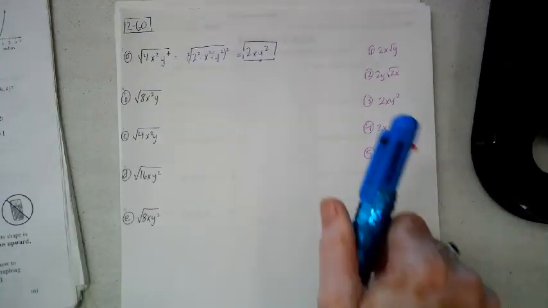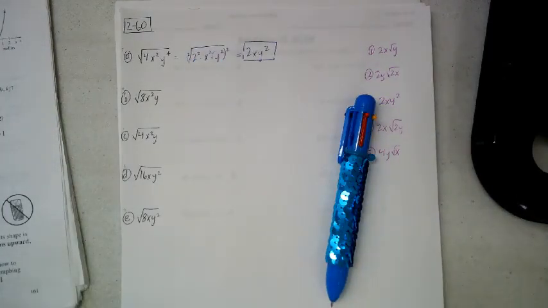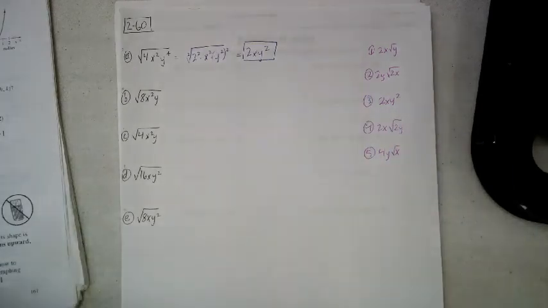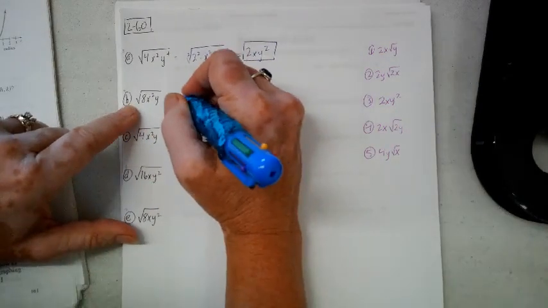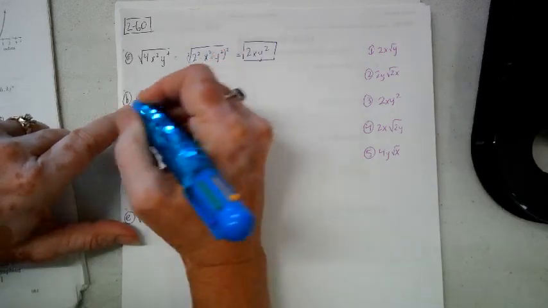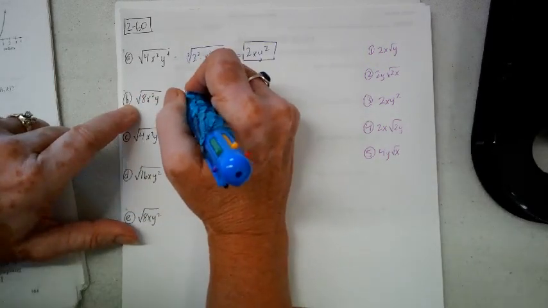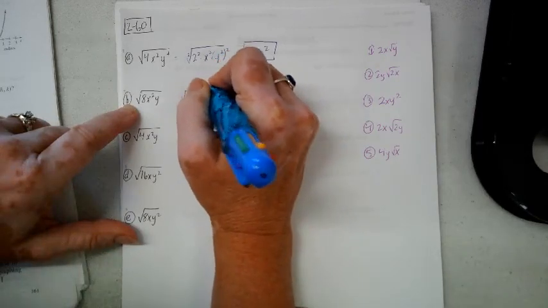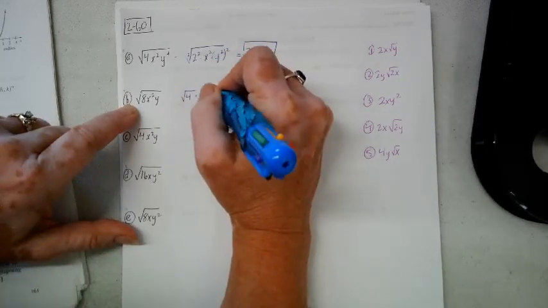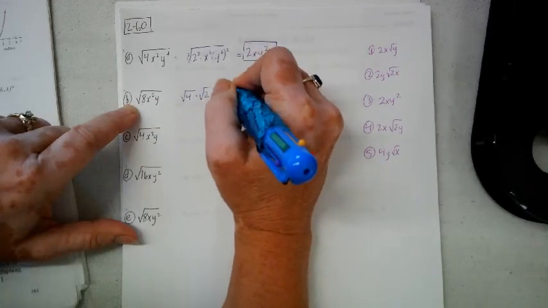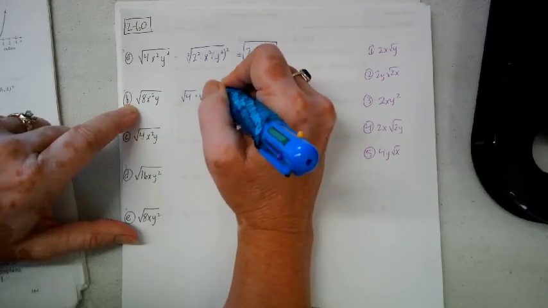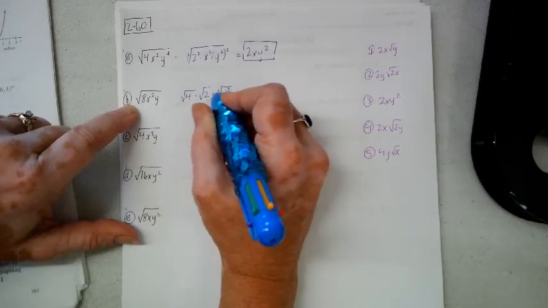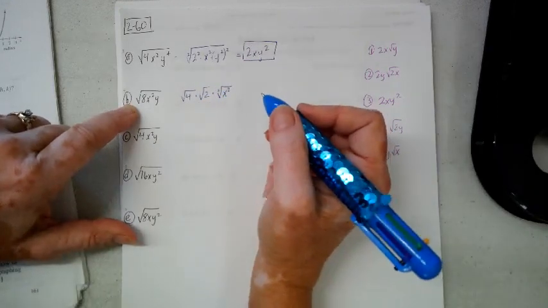with the index here. Another way of doing it is to show how you break them down into perfect roots. So I know that I can write it as root 4 times root 2 times root x squared. Remember, those match, so that's going to cancel out and be an x.